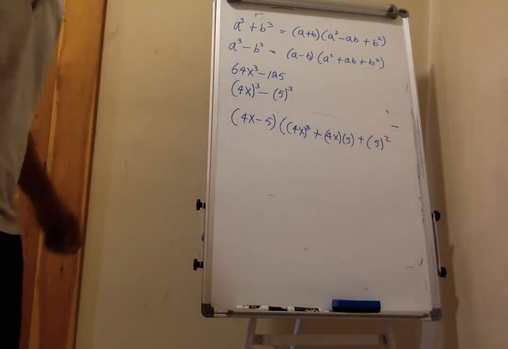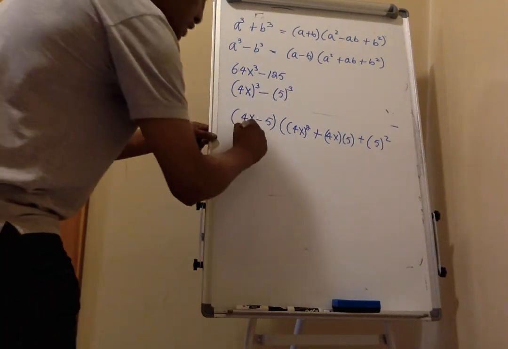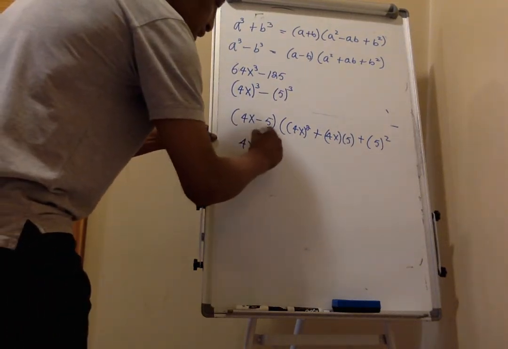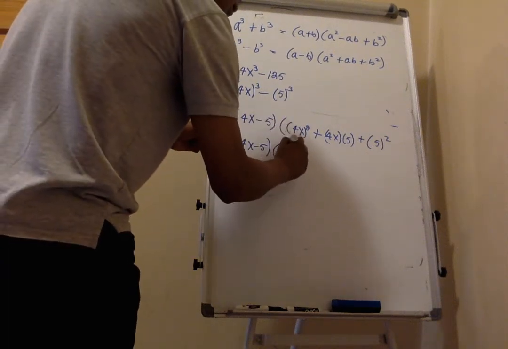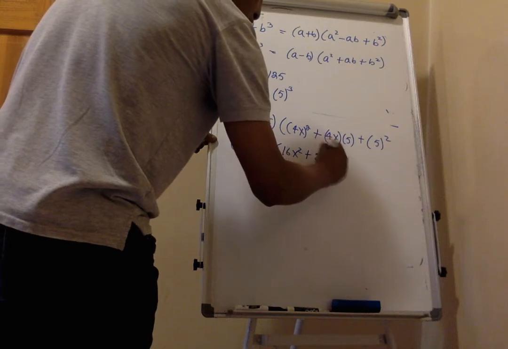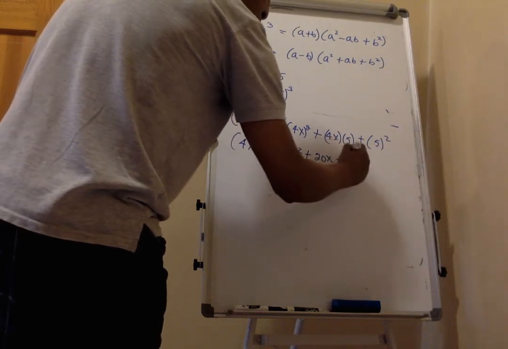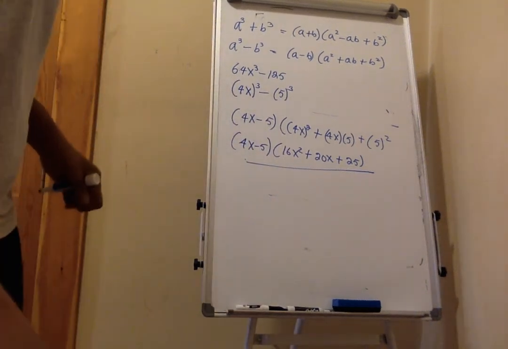So it's pretty much a straightforward concept. So we're going to do this for x minus 5. 4x squared would give you 16x squared. If you multiply the middle term, you would end up with 20x and plus 25, and then we're done. Okay.